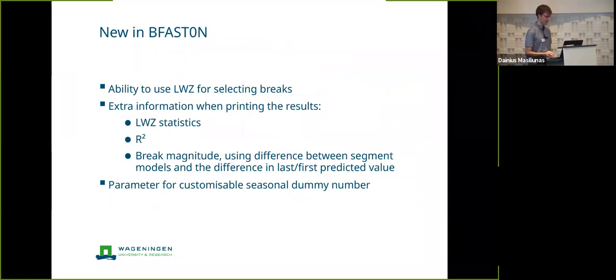For the new things that I added, so the BFASTON function itself, for example, we have the help function, and in the help function you can have examples, and there I also added an example of how to run BFASTON. But there isn't really like a blog post or anything yet for how to do these things. It is a good idea to write it down, but I don't yet have the time to actually do so. It's something that is already, I think, an issue on the GitHub.